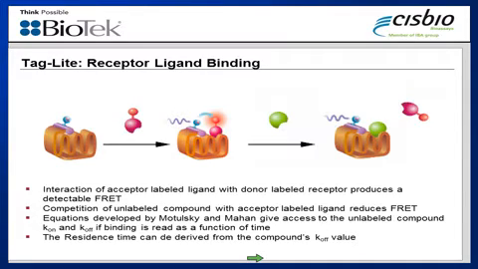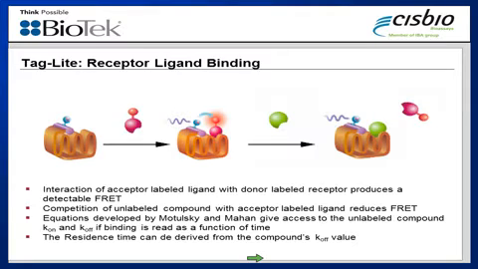Due to these findings, in this project we examined the drug target residence time of various CXCR4 inhibitors in relation to the known ligand using the Tag-lite direct homogeneous receptor ligand binding assay that you see here from SysBio.